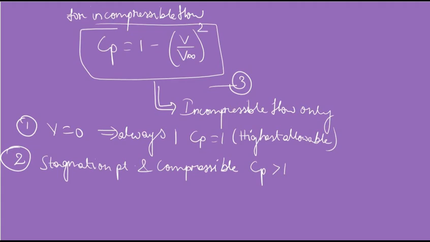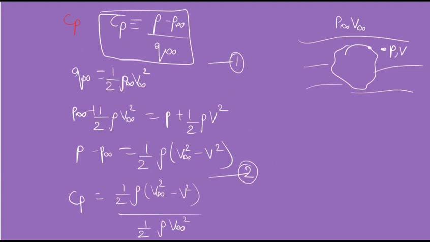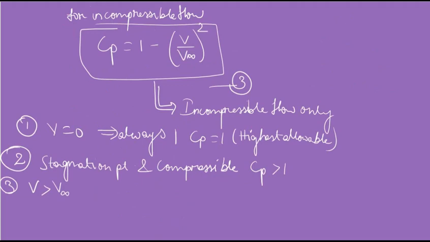Now there is one more conclusion coming out. In the regions where V is greater than V infinity, that is, we have considered one point and the other would be the free stream properties, right? In case my V is greater than V infinity, or maybe my P is less than P infinity, Cp will be negative. Cp will get a negative value.